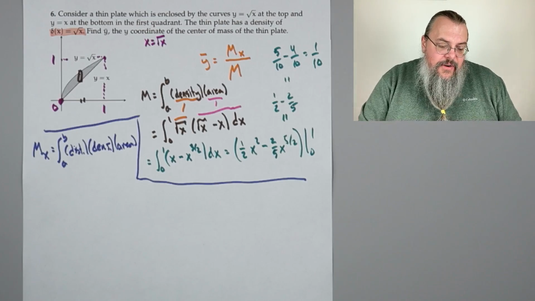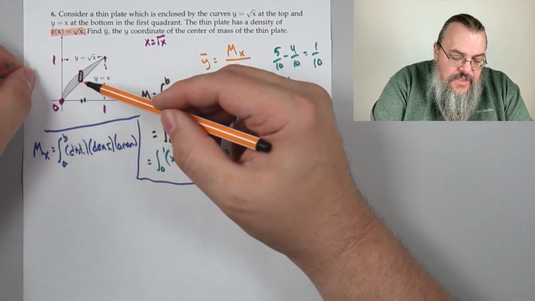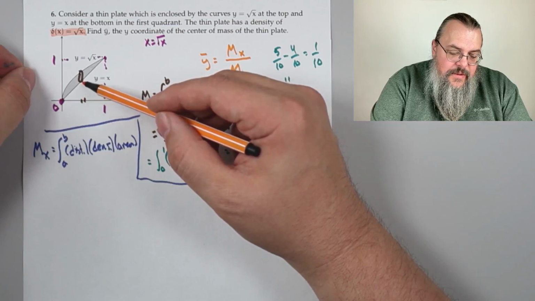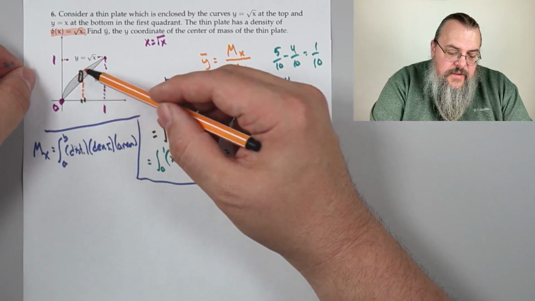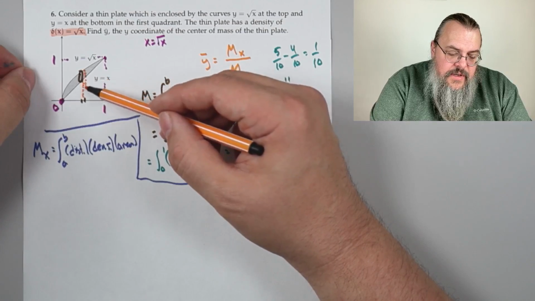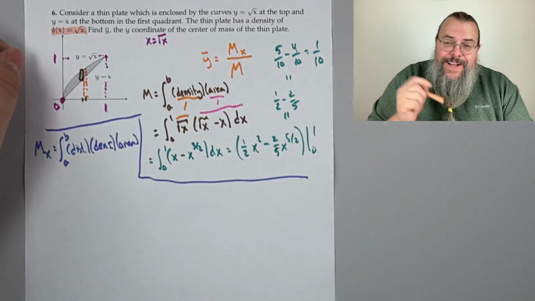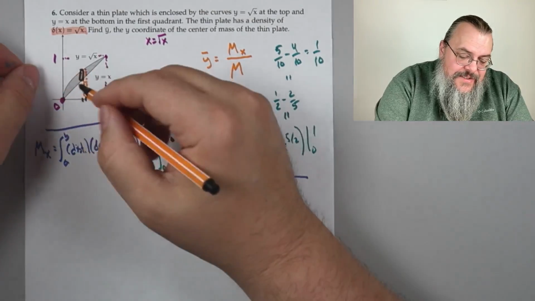All right, so now the question, what is the right distance? Is it the distance from the bottom? Is it the distance from the top? Or is it something else? And here's the part that you have to remember.